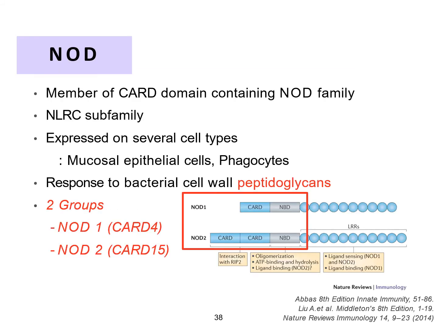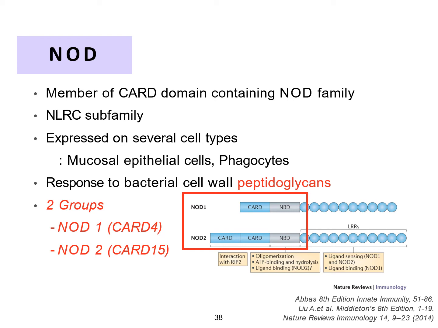So NOD is a member of the CARD domain, that is caspase activation and recruitment domain. It is typically associated with other CARD-containing proteins forming either dimers or trimers.